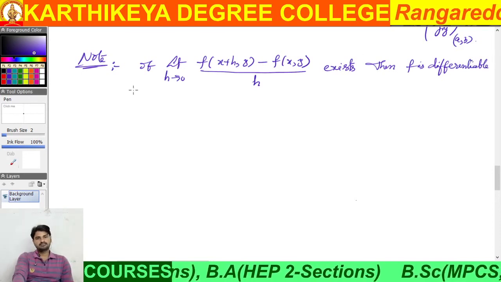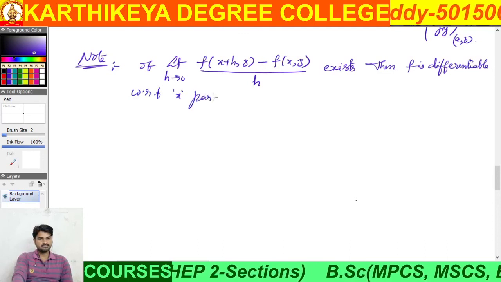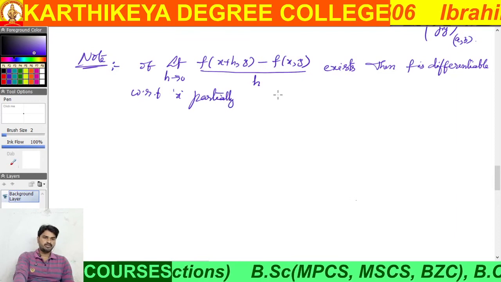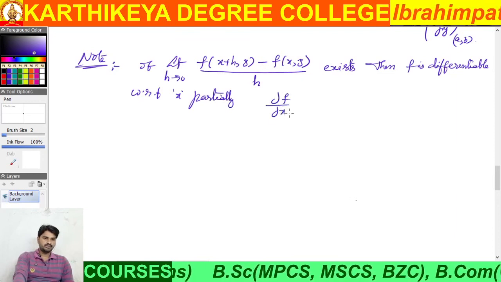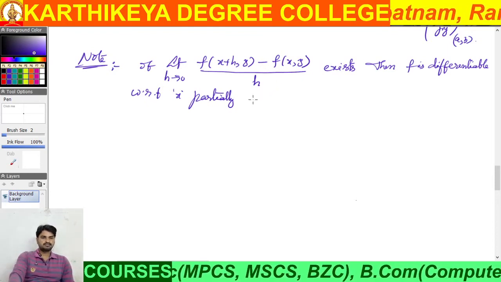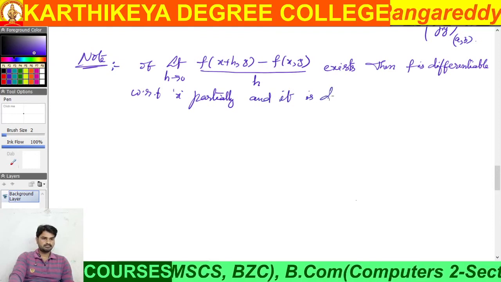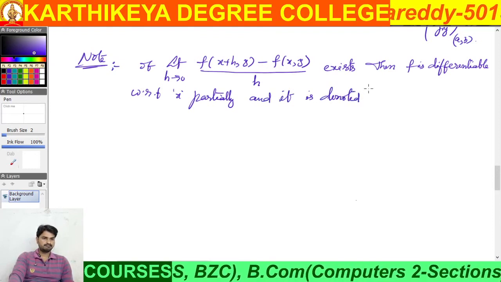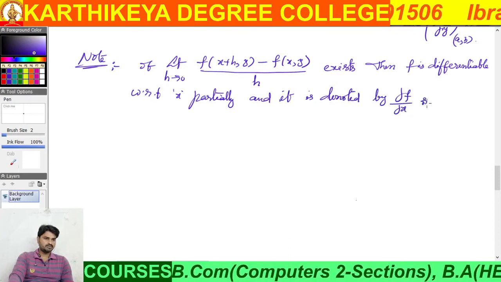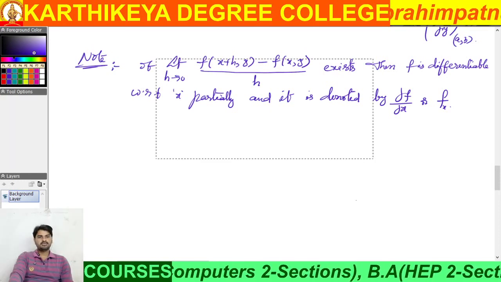It is simply denoted by dou f by dou x, or simply f sub x.